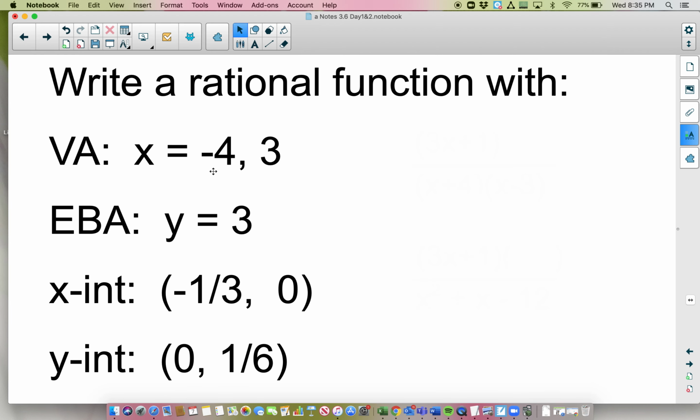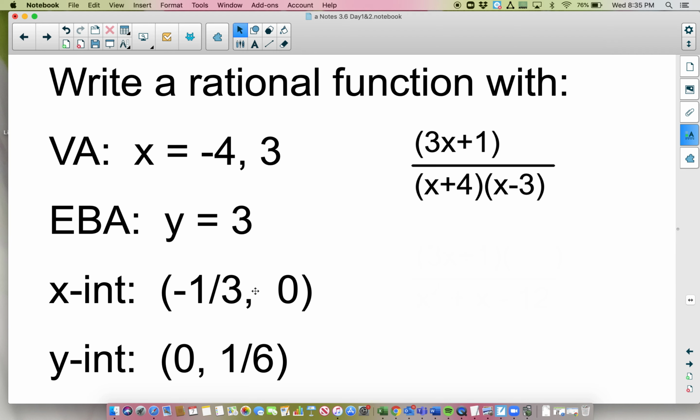So probably strategically a good place to start is, okay, I know the vertical asymptotes are in my denominator. So turn these into factors, x plus 4, x minus 3. And I also know my x-intercepts are factors in the numerator. Okay, now the thing you need to be very careful about when you have fractional values, when you write them as factors, you want to make sure that you don't write them as fractions.